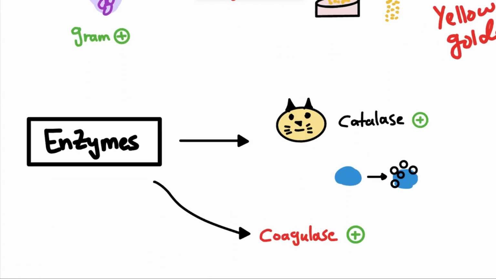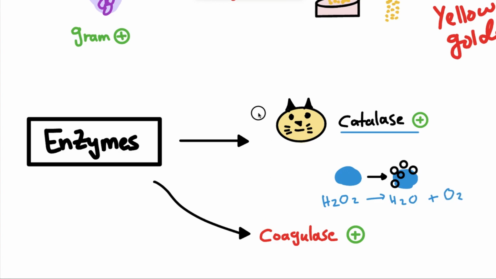Alright, now let's talk about the enzymes that are produced by this bug. When we say that a specific bug like Staph aureus is catalase positive, then we mean that it produces this enzyme. And what catalase exactly does is that it converts hydrogen peroxide into water and oxygen.